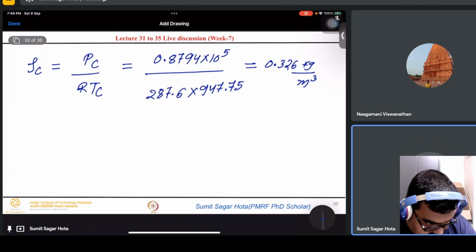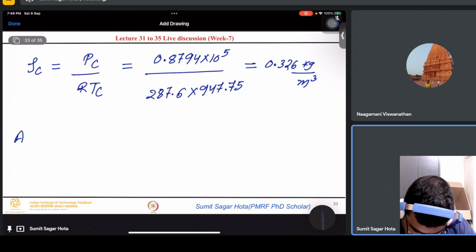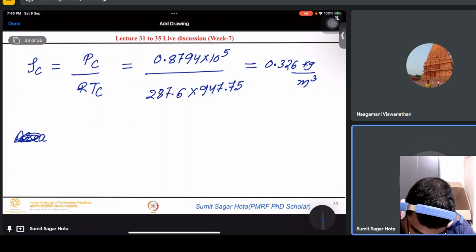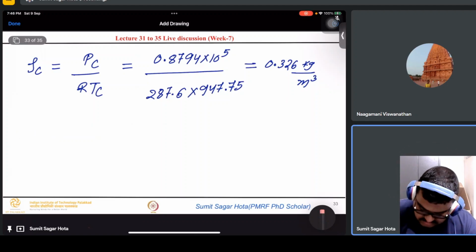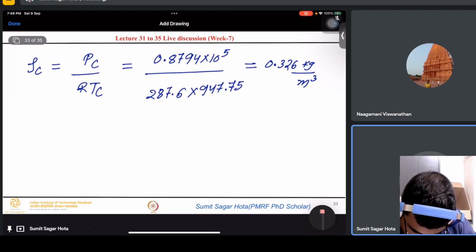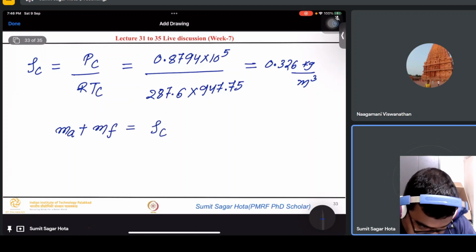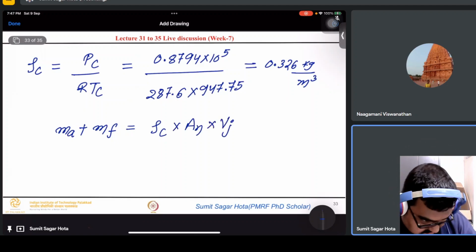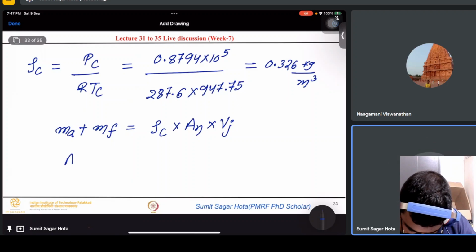So what is the area of flow, or the flow area, or frontal area, whatever you can call it? We know the formula. What is the total flow rate? m dot a plus m dot f is equal to rho C into AN into Vj. So what is AN now?